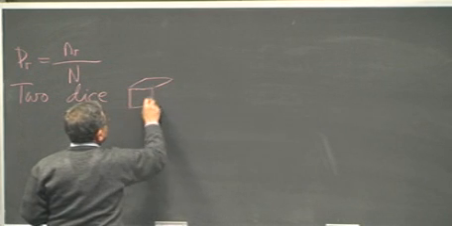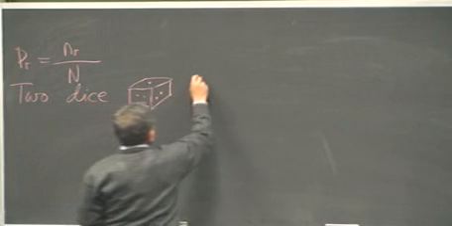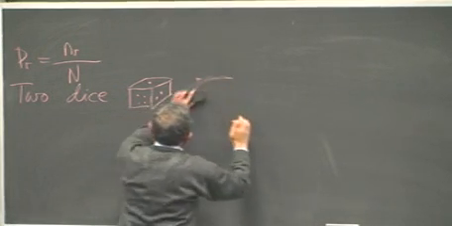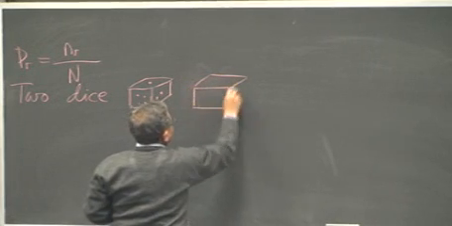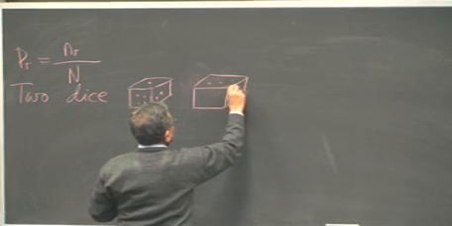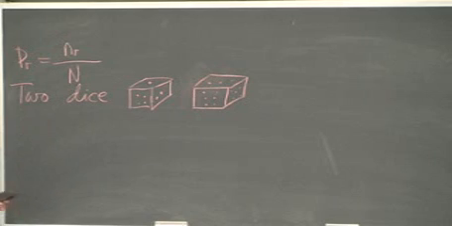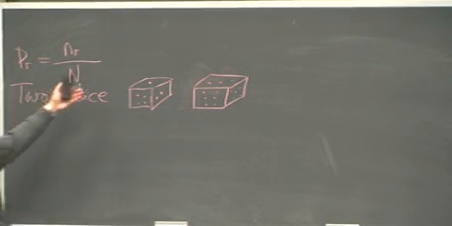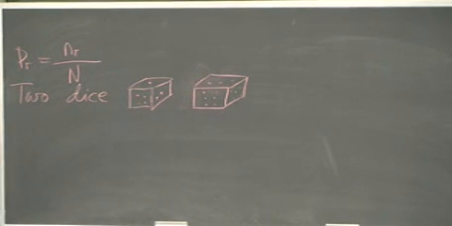You have these squares with numbers on their faces, and you want to calculate the possible number of states, and you want to know the probability of finding a certain number on top.